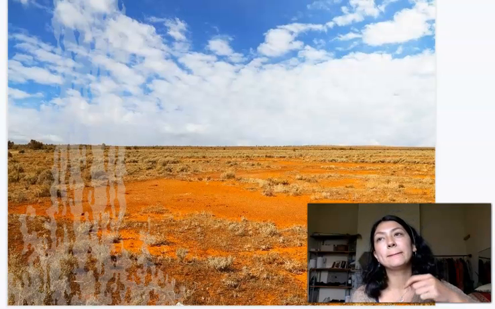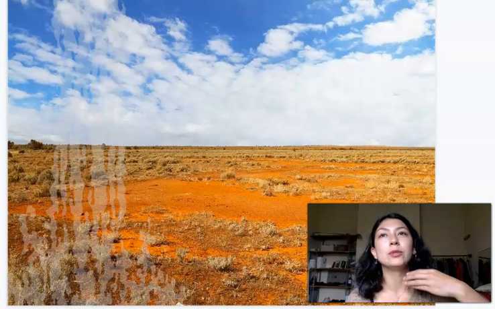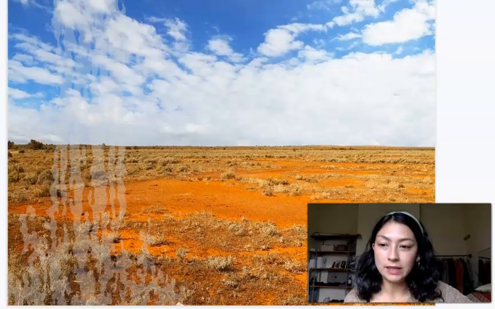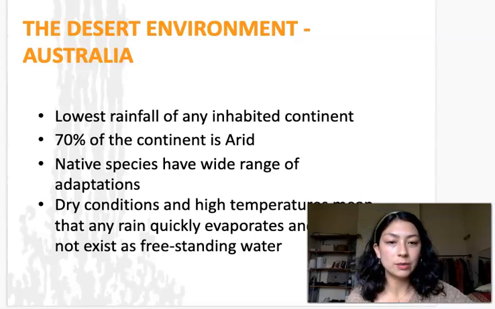The desiccation, the dryness, the high sunlight, the high UV, they're all limiting factors to what creatures can survive. And it also means that they have to have certain behavioral adaptations to reproduce. Our native creatures have an amazing range of adaptations, which we'll be looking at in the next video. That's just a little summary of what I just said.